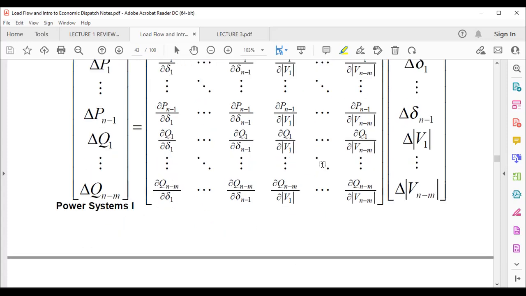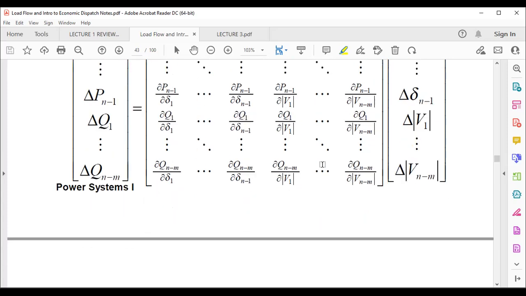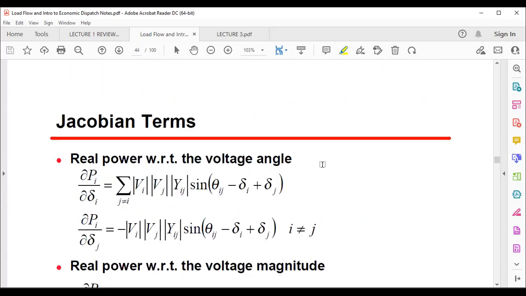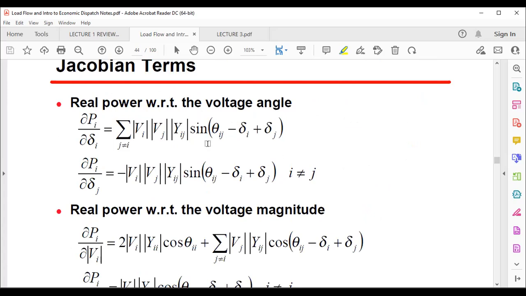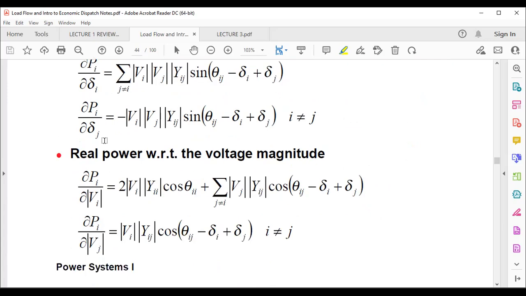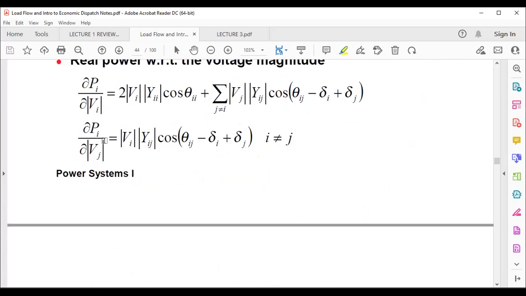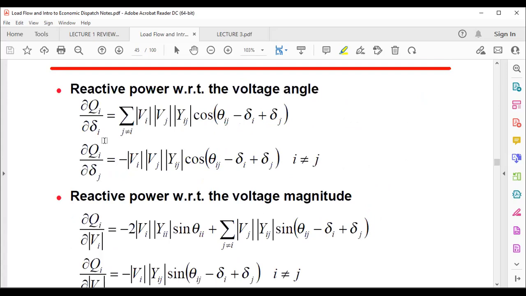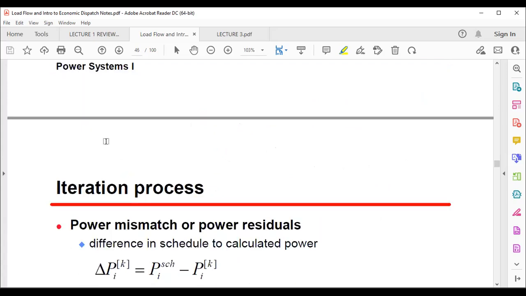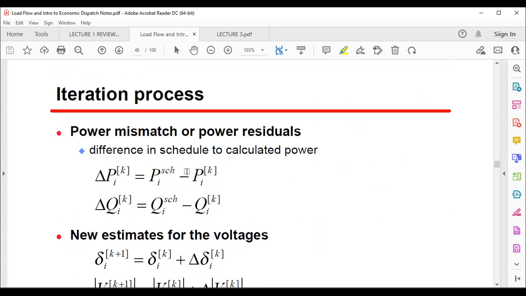That's the Jacobian matrix, and the terms are as indicated. The partial derivatives are as indicated. So we have the partial derivative with respect to the voltage angle and with respect to the voltage magnitude, both for active and reactive power. And the iterative process will be exactly the same.